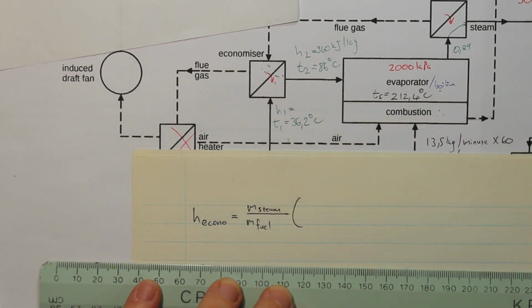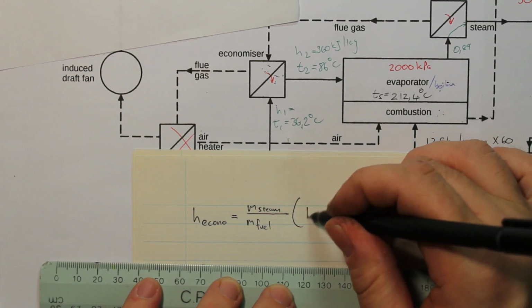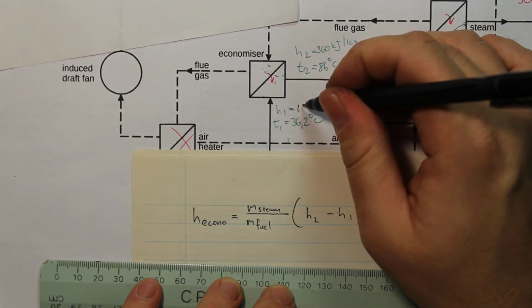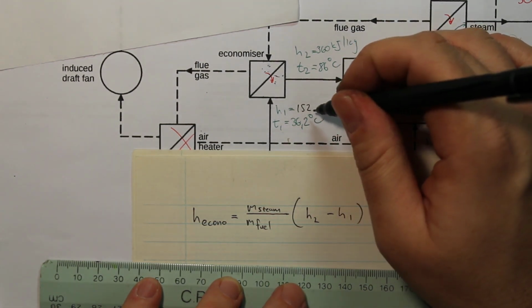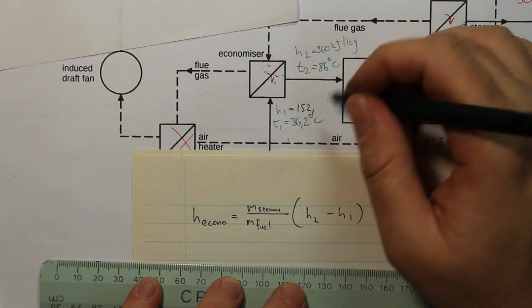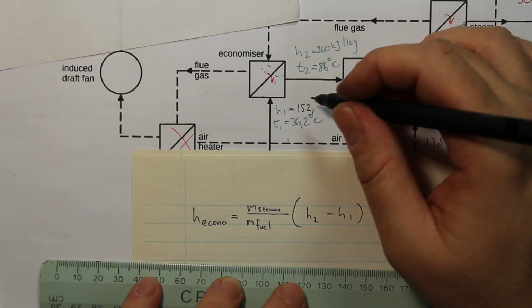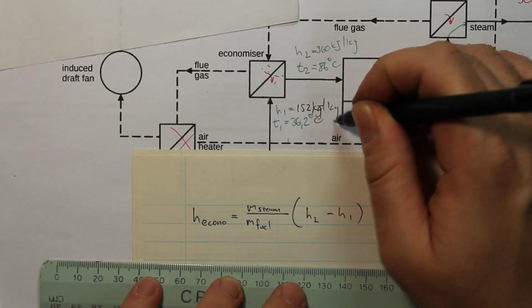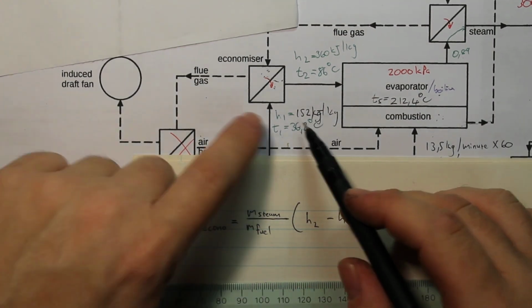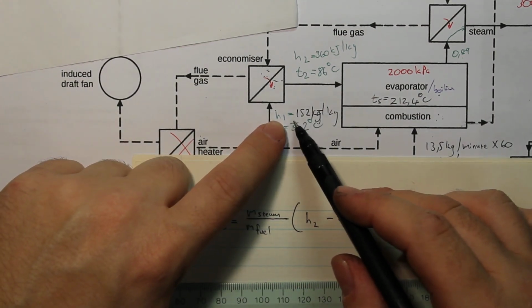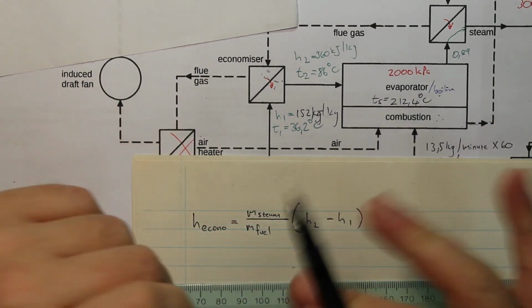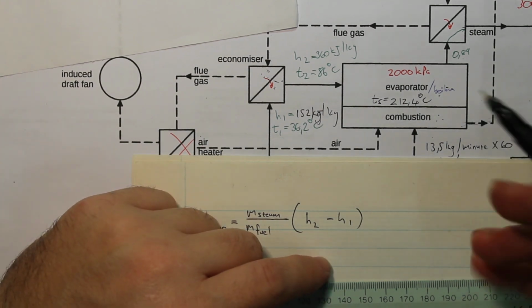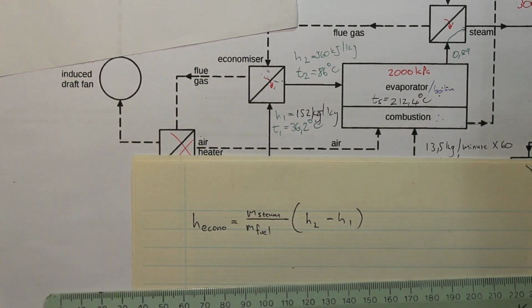Then we open brackets and write H2 minus H1, because the enthalpy increased and you want to know how much it increased by. Remember, this initial temperature of 36.2 degrees didn't come from the heat of the coal.